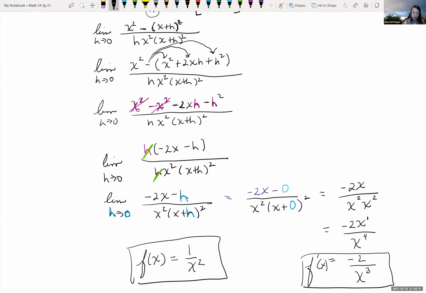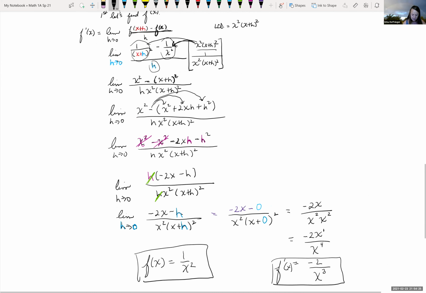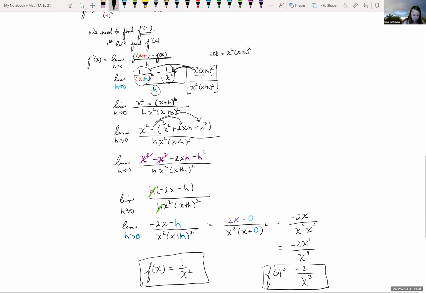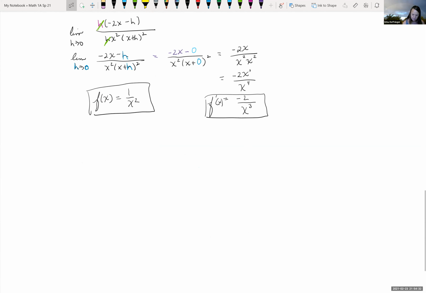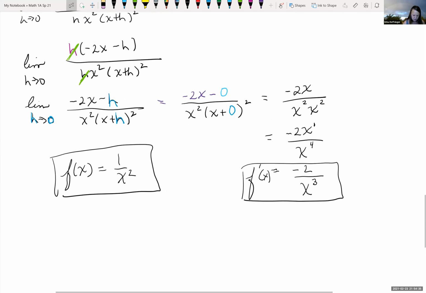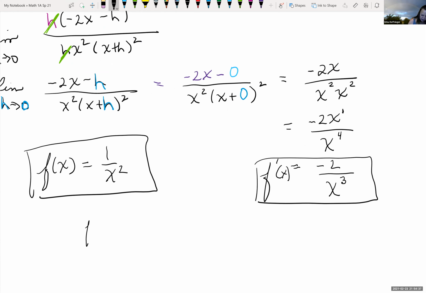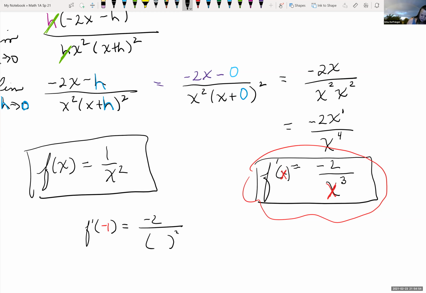Well, we wanted to find the equation of the tangent line at x equals negative, or positive 1, and so we wanted, oh, it was negative 1. So we want to look at what is f prime of negative 1. So going into our derivative function and plugging in negative 1 wherever we see an x, we get negative 2 all over negative 1 quantity cubed.